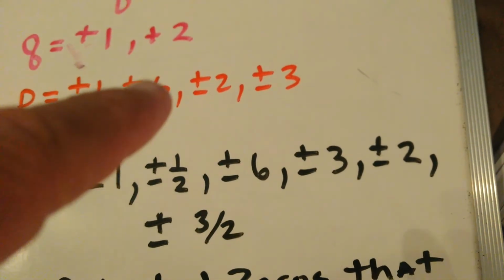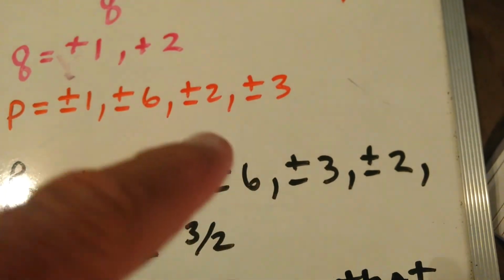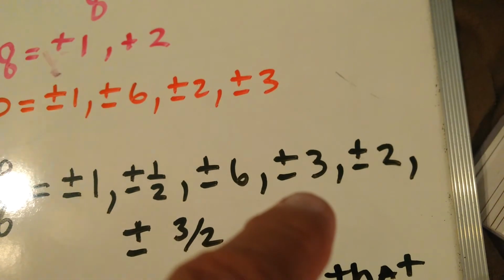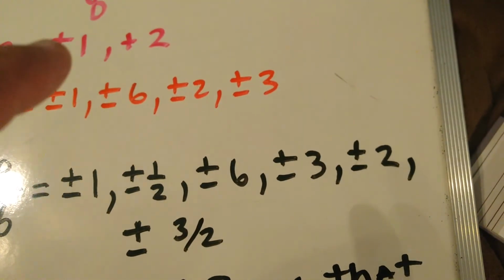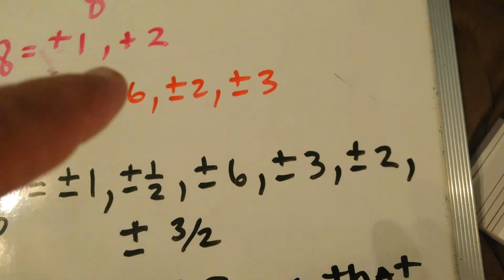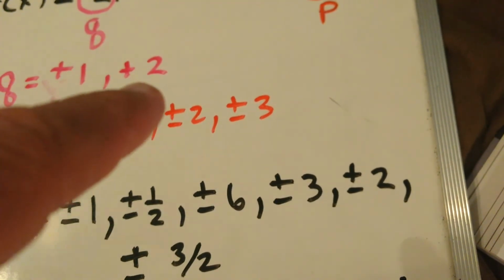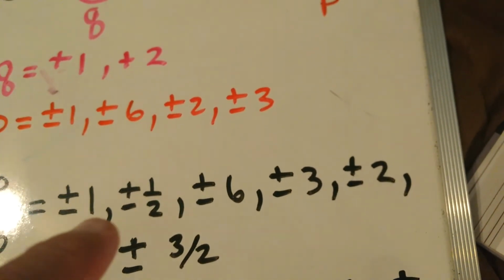Here I've got plus or minus 6 over positive 2, which gives me plus or minus 3. Now see, I don't have to do plus or minus 3 over 1 because it's going to give me the same thing. Here I go plus or minus 2 over 1, which gives me plus or minus 2. Here I go plus or minus 2 over 2, which gives me plus or minus 1. Don't have to repeat it.